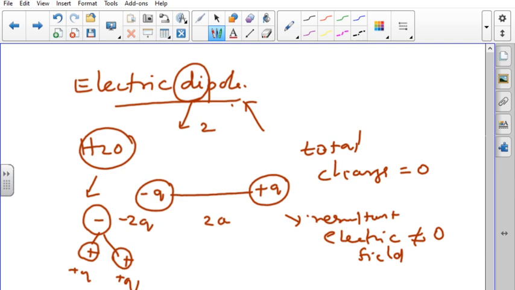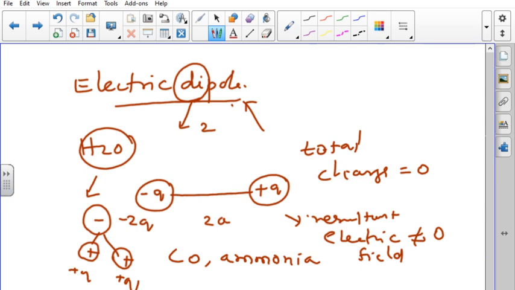We may also give other examples such as CO, carbon monoxide, and ammonia. These are a few examples of molecules in which an electric dipole exists. That is, the equal positive and negative charges do not coincide, they are separated by a certain distance.